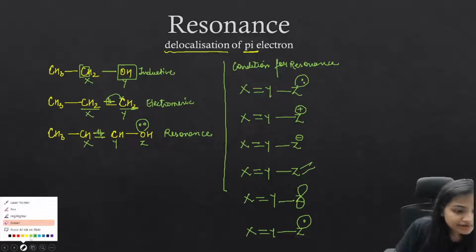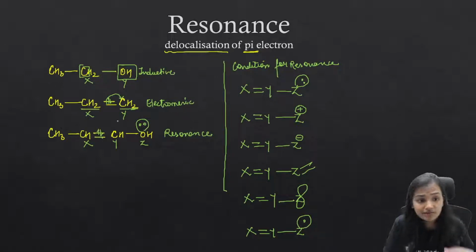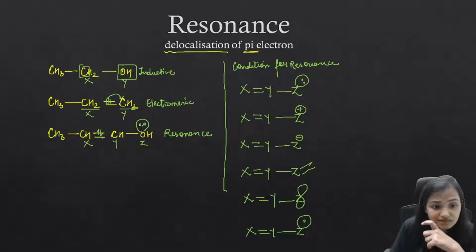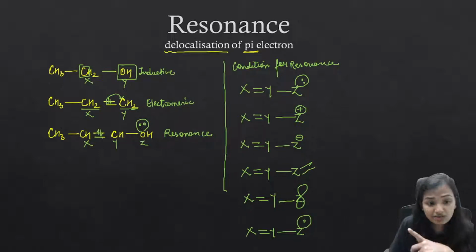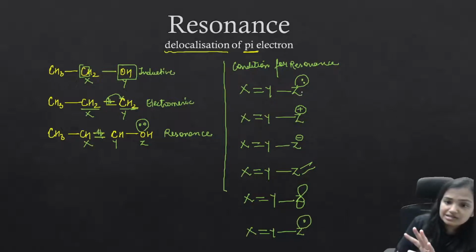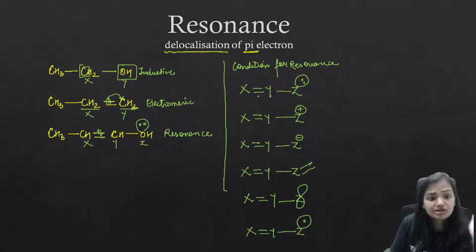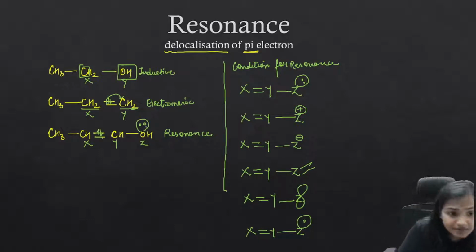When I focus over this kind of system, X, Y, Z, where Z has a lone pair, and Z could be any atom, carbon, nitrogen, oxygen, any atom, and X and Y could be any atom, only this system we are looking for. Then ultimately what will happen? We will have a delocalization of electrons.